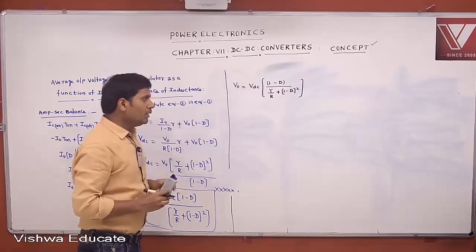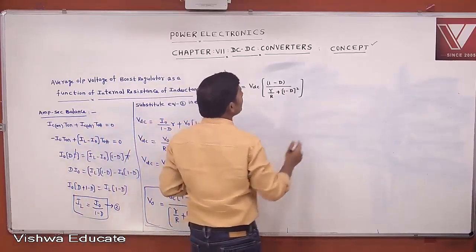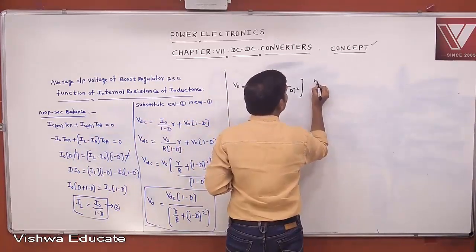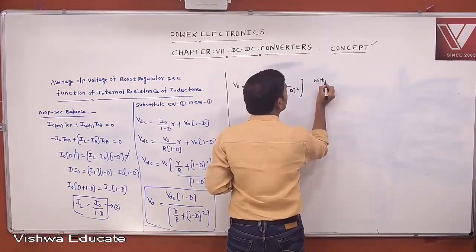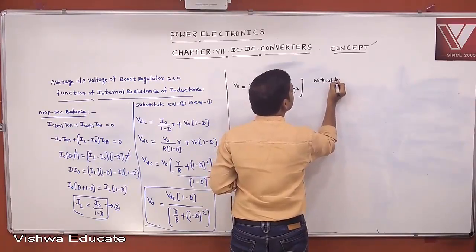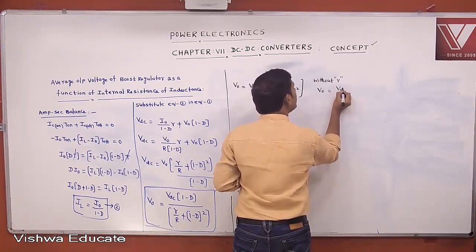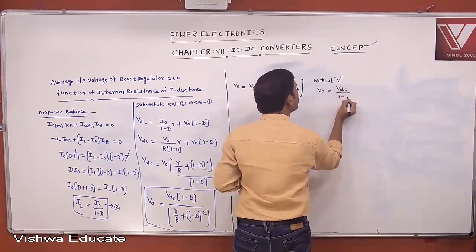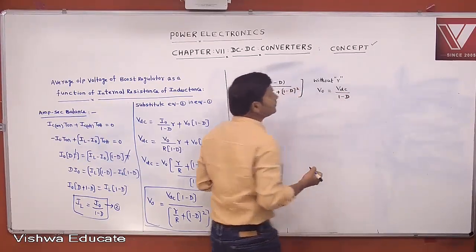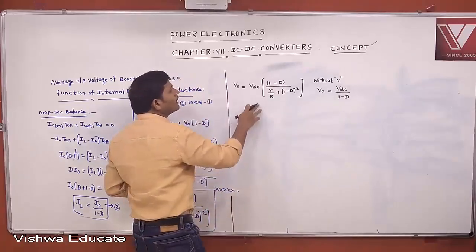Okay, but we know that without small r, V naught equal to VDC by (1 minus D). This is the practical case.